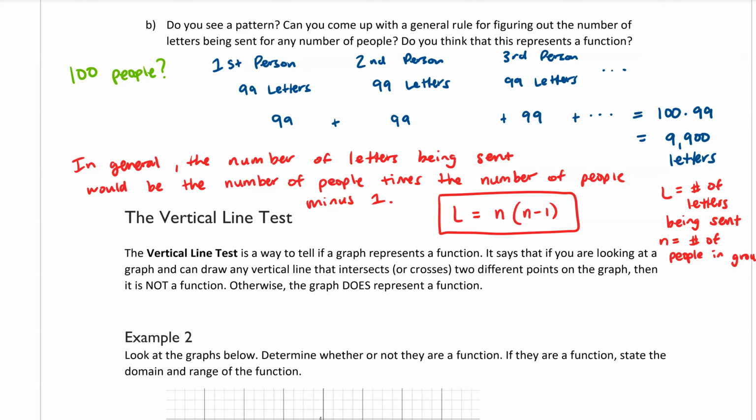So if you go back to the analogy of the vending machine, if I were to input some number of people, there's only going to be one snack popping out of the vending machine, not multiple snacks. So based off that description, we would say yes, it does represent a function.